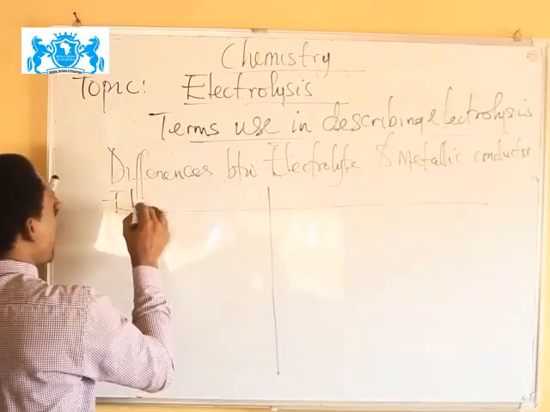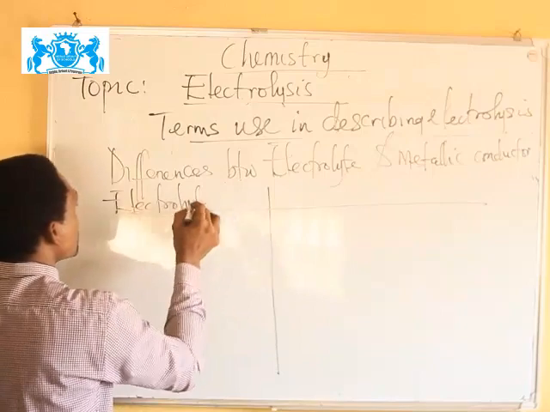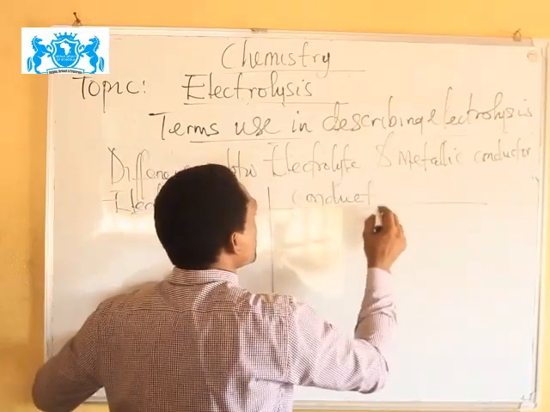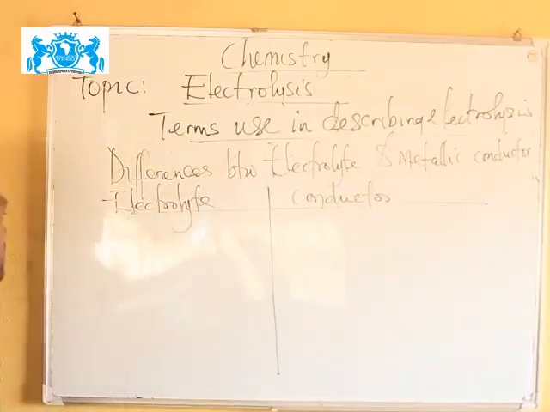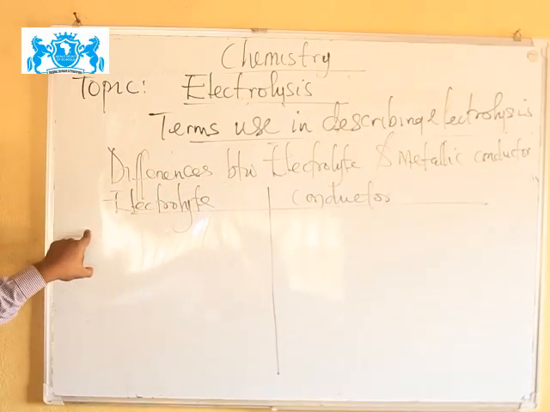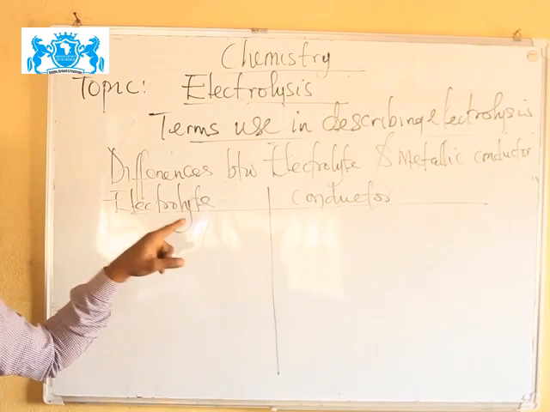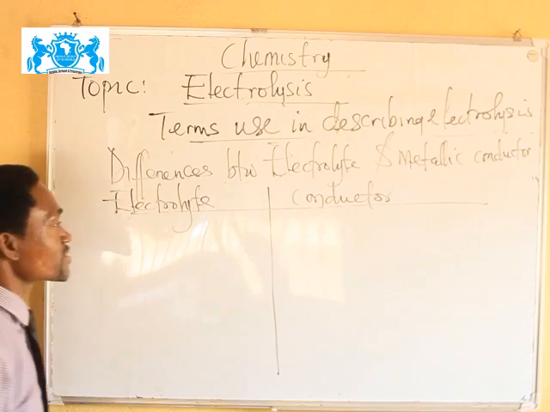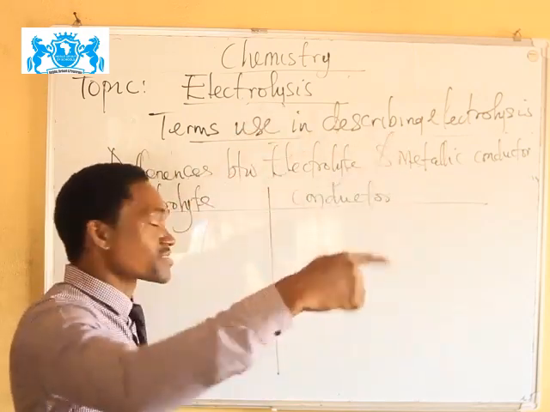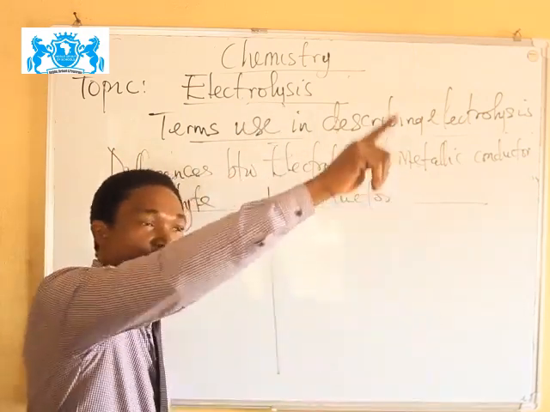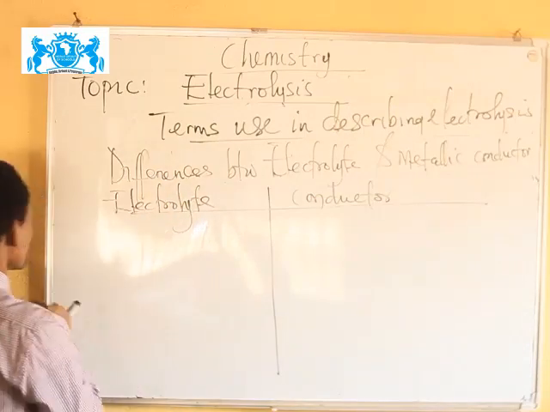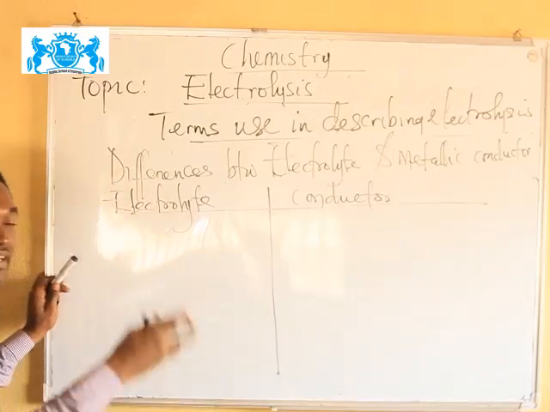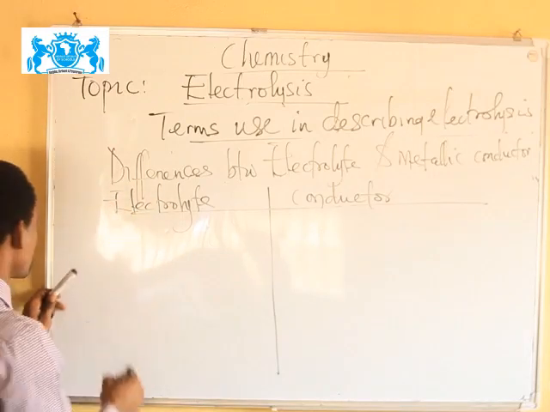On this part, we will write electrolyte, and on the other, we write conductor. One of the fundamental differences: an electrolyte is split during the process when it's conducting electricity. It's split into its component ions, whereas metallic conductors like wires are not split in the course of conducting electricity. So metallic conductors remain intact while electrolytes are split in the course of electrolysis.